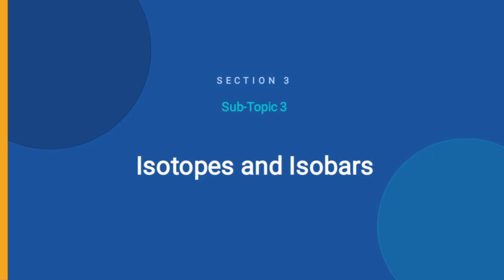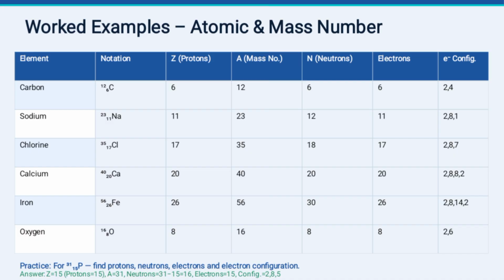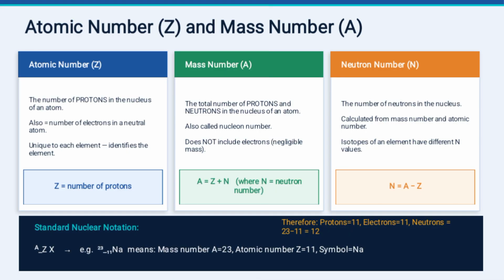But of course, kindly note that if it is ionic, for instance, let's take the same sodium, Na plus. That means in that case it's an ion, not an atom anymore. In an ion, the electron number is not equal to the proton number. In an ion, let's say you have Na plus, which is still 23 over 11. The proton is 11.